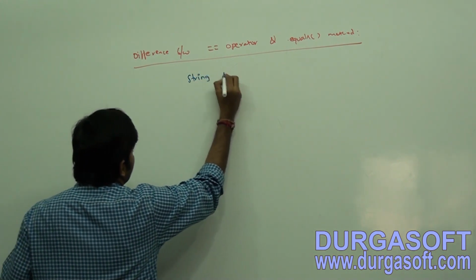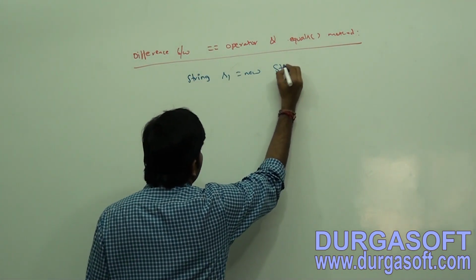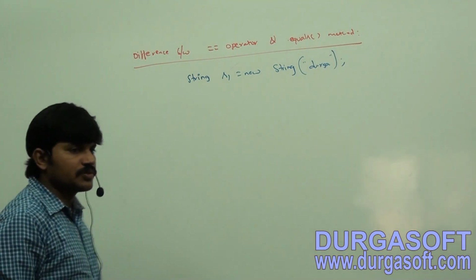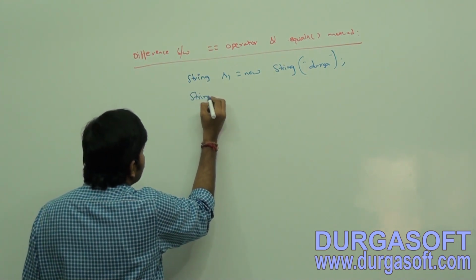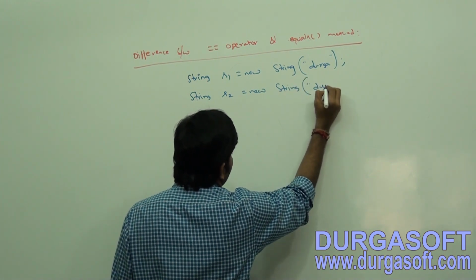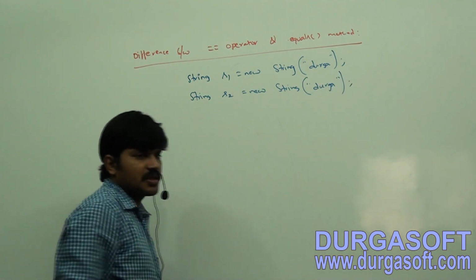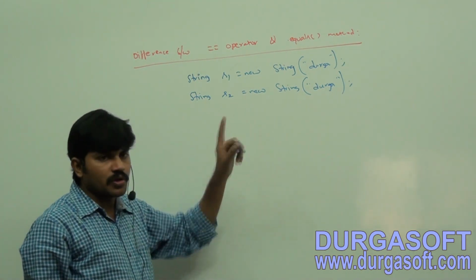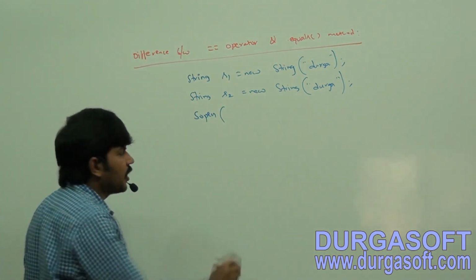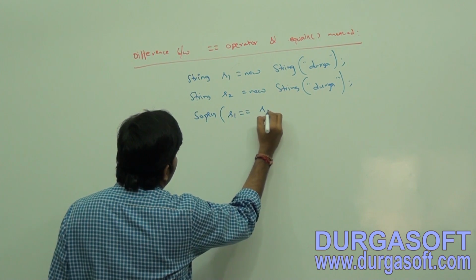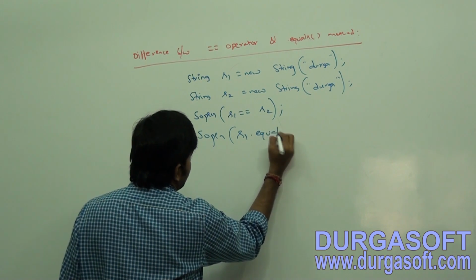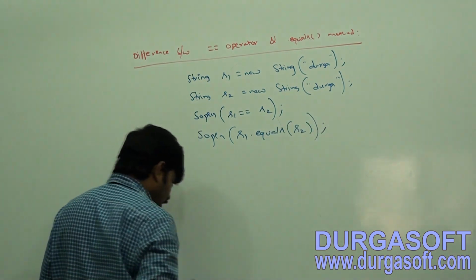String s1 = new String("Durga"); String s2 = new String("Durga"); Now System.out.println(s1 == s2); System.out.println(s1.equals(s2)). Now I'm taking it like this.